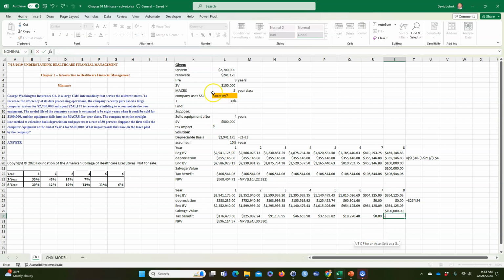So it's going to be negative 30% times 100,000, right? Because your book value is different. Something's wrong with this book value. Let me double check it. Okay. Ending book value is that. Beginning book value is that.